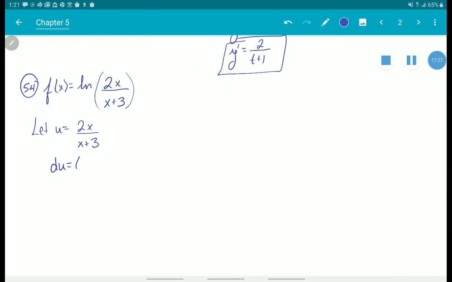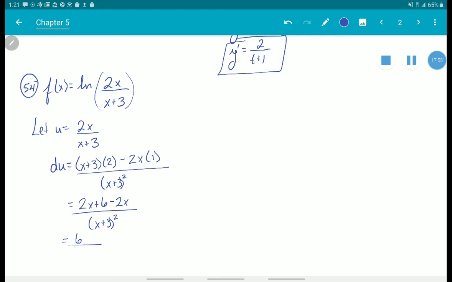Quotient rule says it's the bottom times the derivative of the top minus the top times the derivative of the bottom over the bottom squared. We can simplify this. This is 2x plus 6 minus 2x over x plus 3 quantity squared. And notice those two x's cancel, so we're left with 6 over x plus 3 quantity squared.